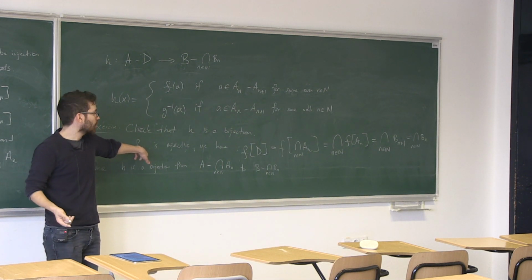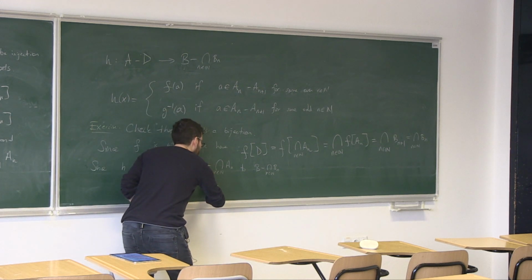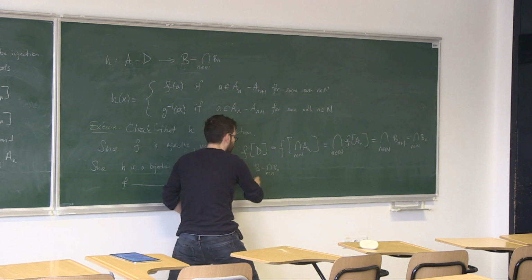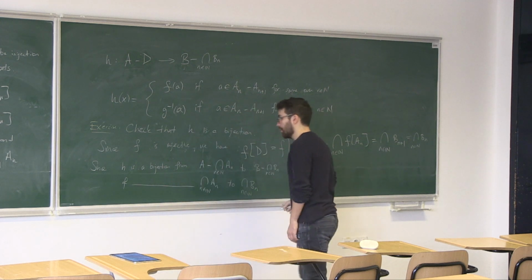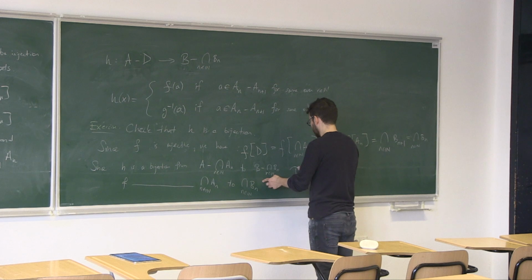Any injective function is a bijection from its domain to its range. Its range is the intersection of BNs. H is a bijection from here to here. F is a bijection from here to here.